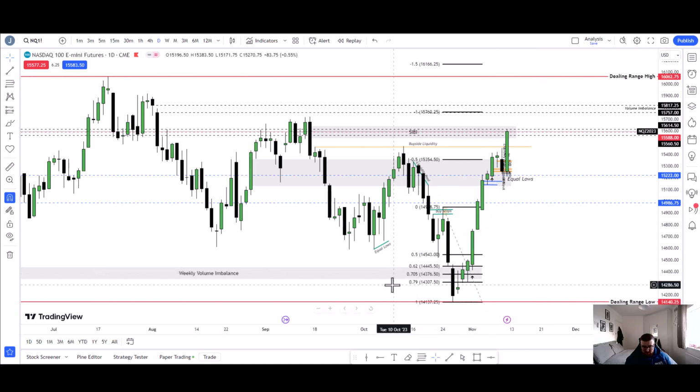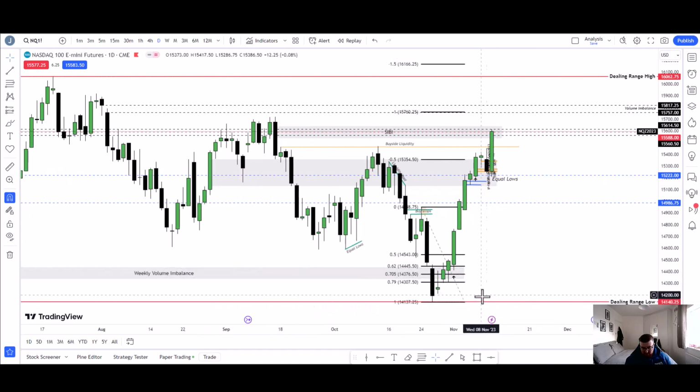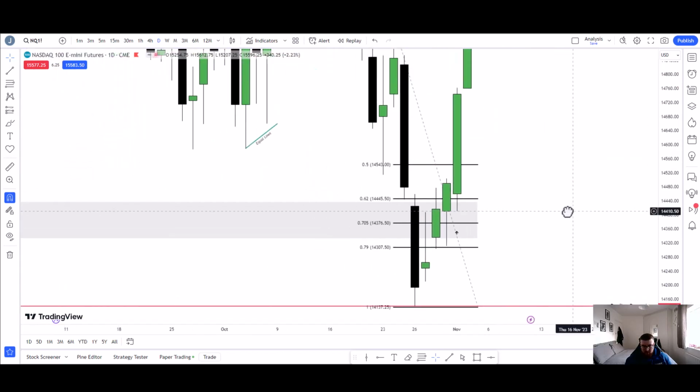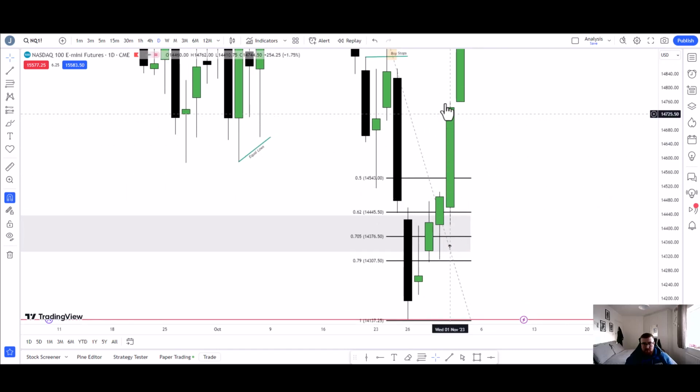So as you can see, that weekly volume imbalance right there. Let me just zoom in here for you. Price played around here, tapped here, one last little run there, that little run back down. So this is on a daily perspective, so you've got your open, high, low, close.